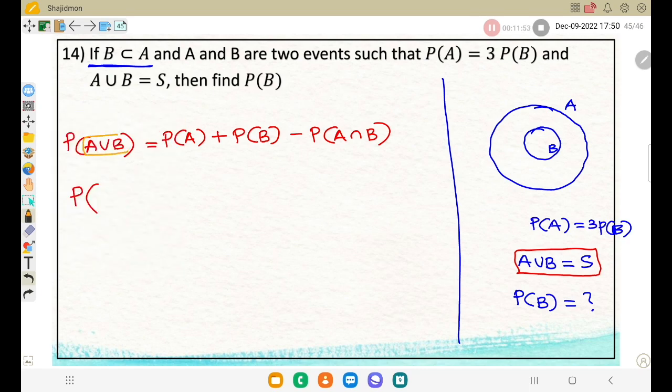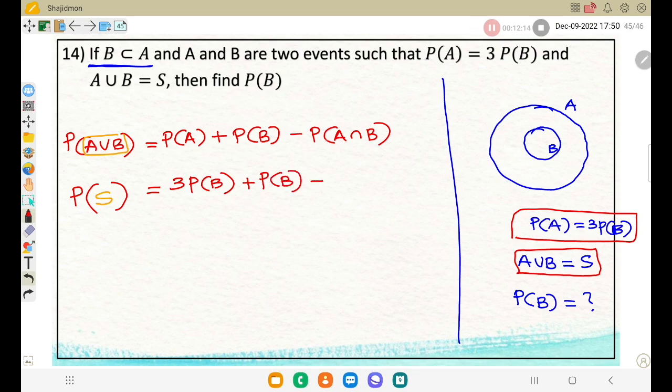What is A union B? Here it is mentioned: S, the sample space. So the probability of S equals the probability of A, whose value is given here as 3 times the probability of B, plus the probability of B, which we need to calculate, minus the probability of A intersection B.